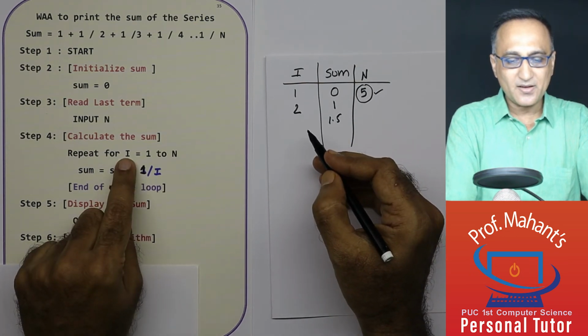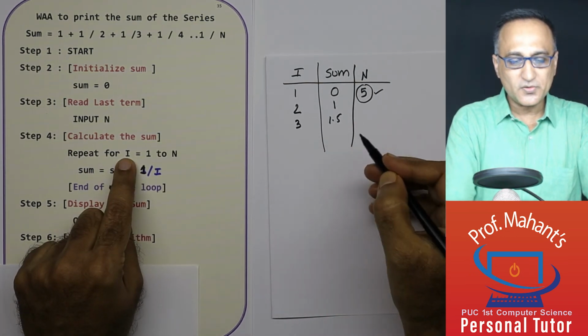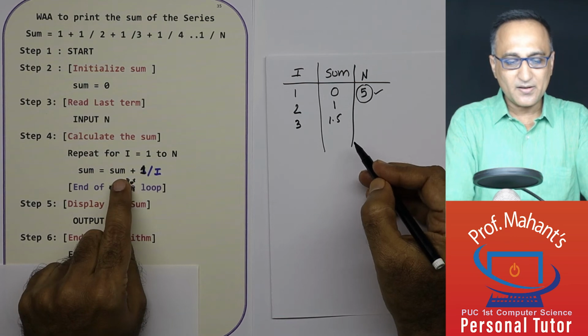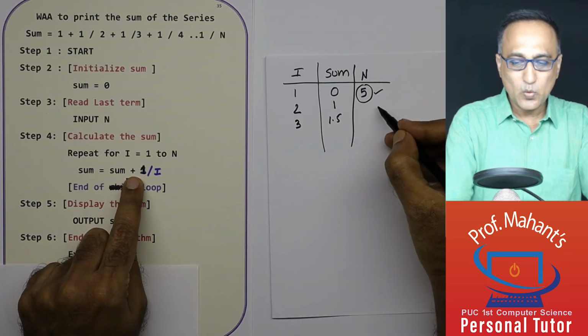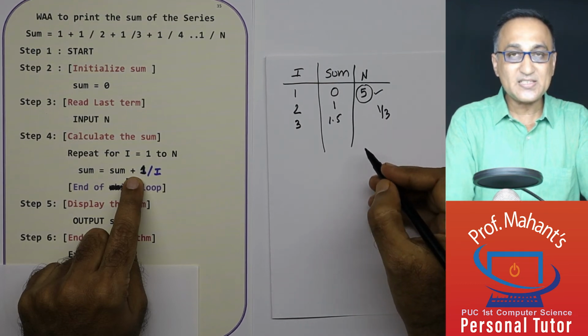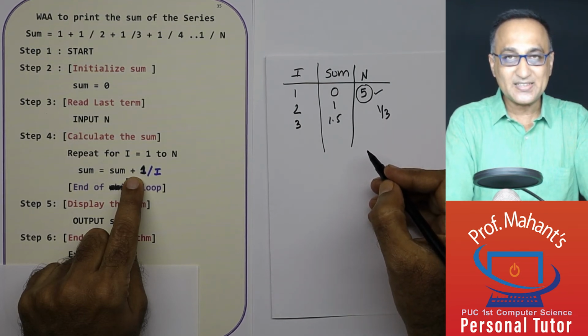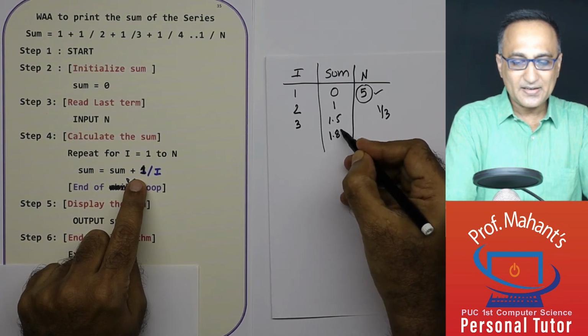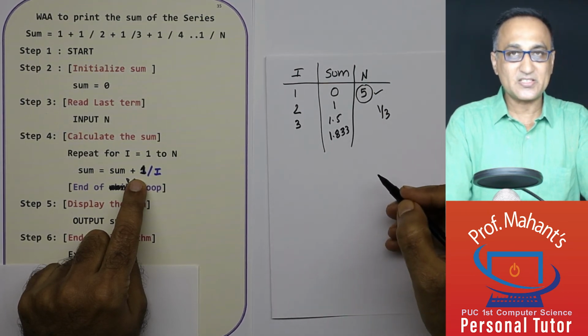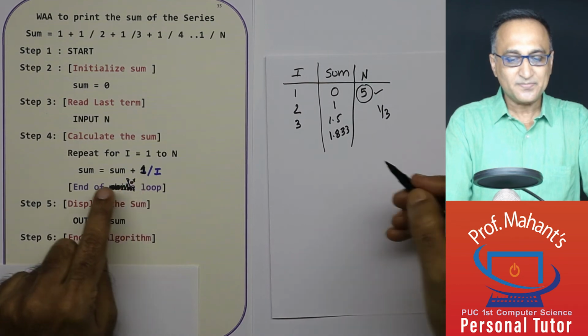Now I is increased to 3, and I come back here. 1.5 plus 1 upon 3, which is 0.333, so this becomes 1.833.